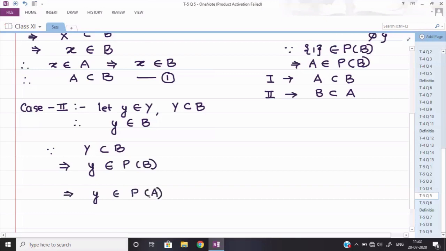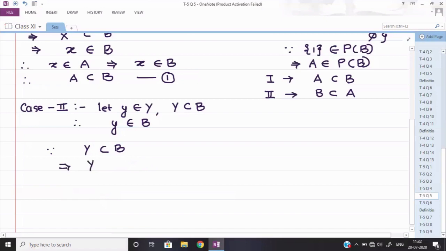Now further, from here I will start reversing my condition. If Y belongs to the power set of A, definitely we can say that y, sorry, here I think I wrote small y. Instead of writing small y, it should be capital Y. So we can make the correction here.